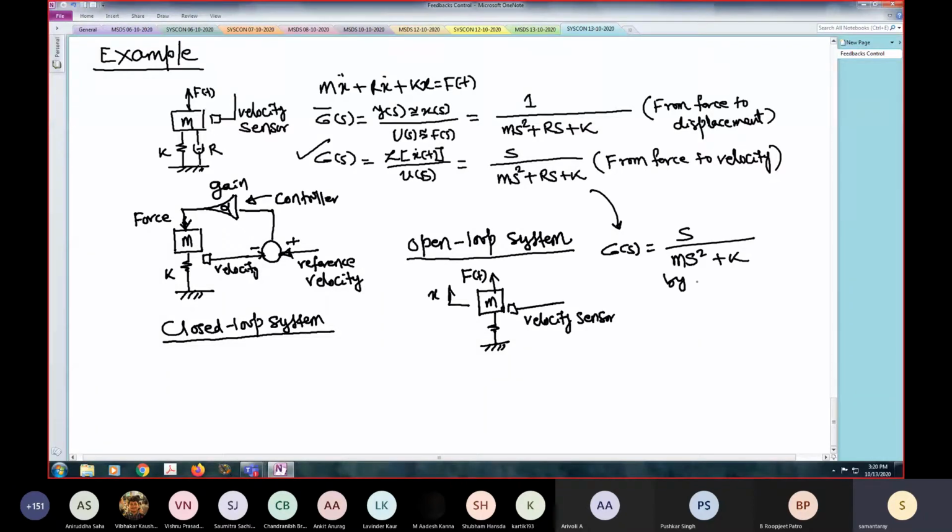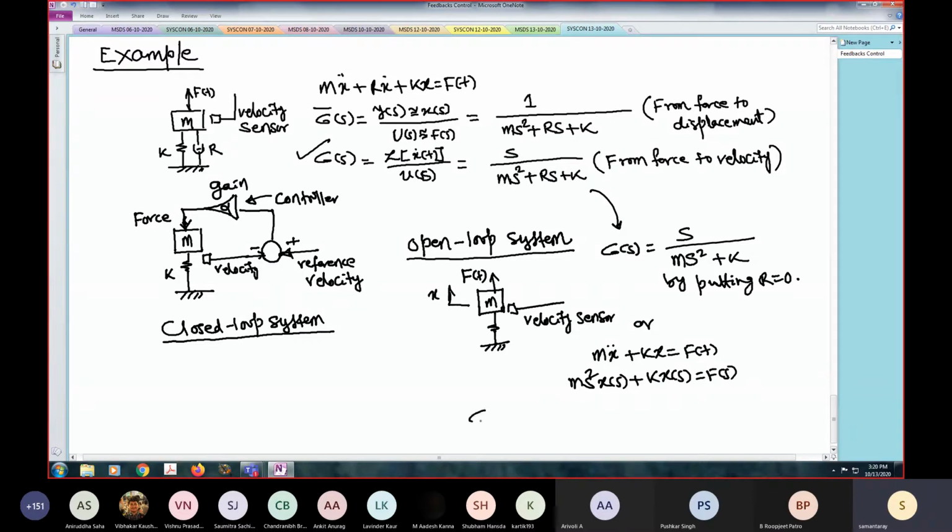Putting r equal to 0, we can write m x double dot plus k x is equal to f(t). So ms square X(s) plus k X(s) is equal to F(s).